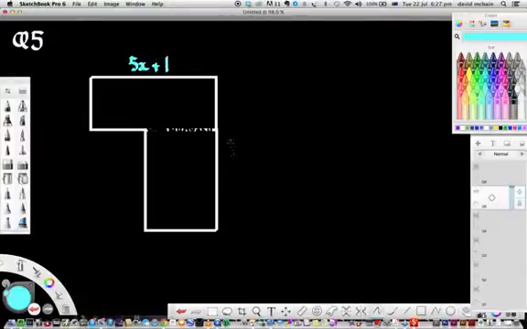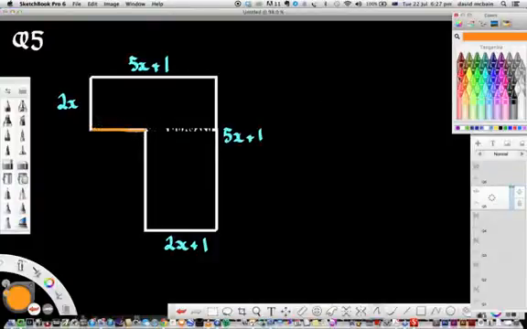And we know that this is also from here to here, 5x plus 1. This was 2x plus 1. And this was 2x. This side here and this side here, we didn't know, or we weren't given.